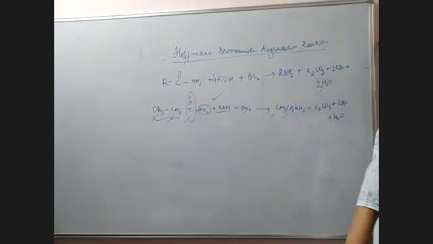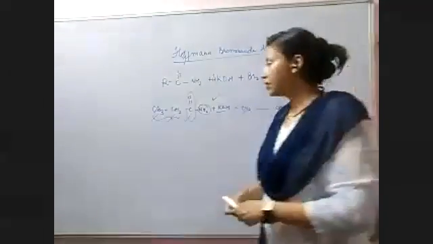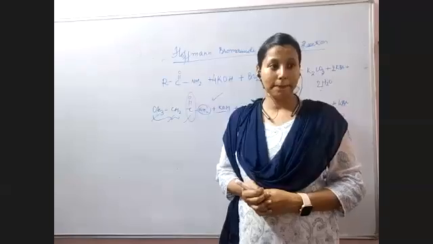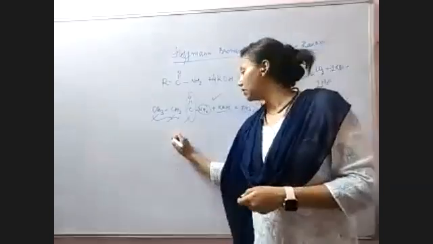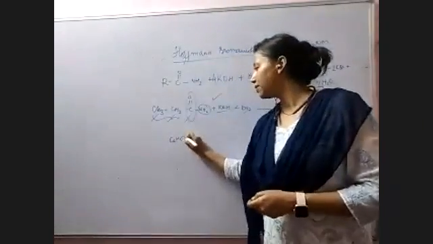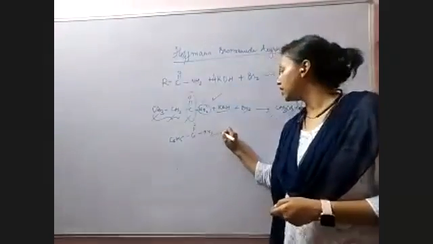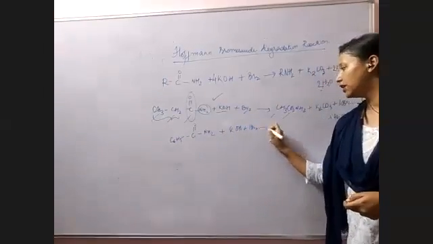Okay, so you can also start with benzamide. What is the formula of benzamide? C6H5, then C double bond O and NH2. Do the degradation.